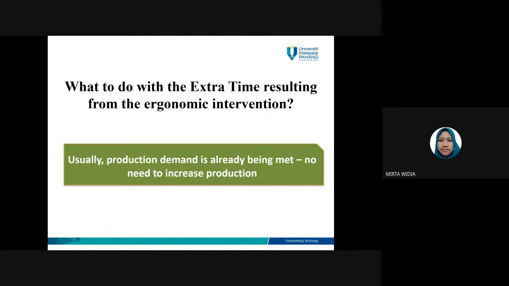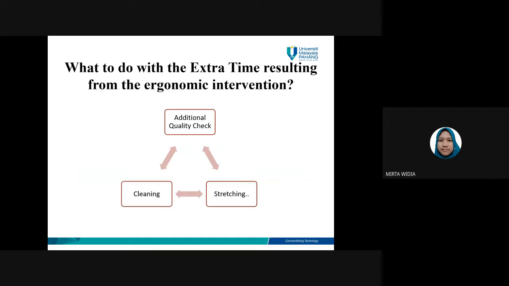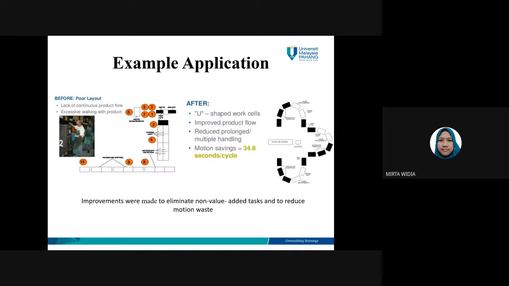Okay, so apa yang boleh kita lakukan dengan extra time tu? We can do the additional quality check, we can do cleaning the workstation, and then maybe boleh bagi rehat untuk pekerja tu untuk buat stretching and so on. Yeah. This is the example application of step analysis.